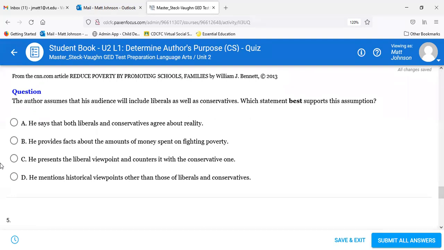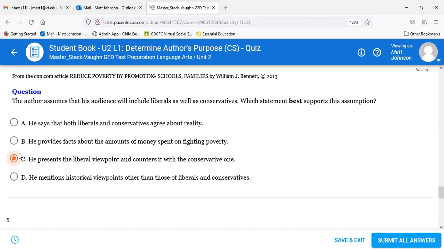B, he provides facts about the amount of money spent on fighting poverty. C, he presents the liberals' viewpoint and counters it with the conservatives' one. D, he mentioned historical viewpoints other than those of liberals and conservatives.